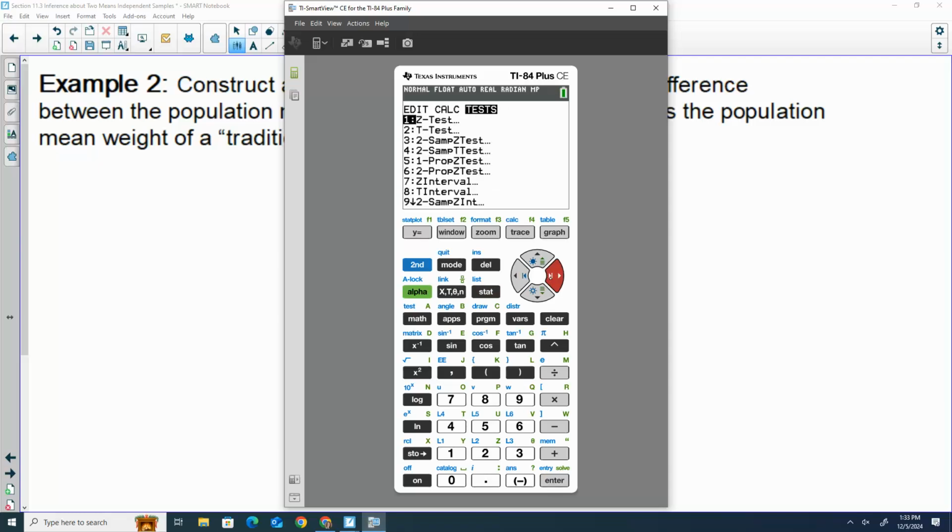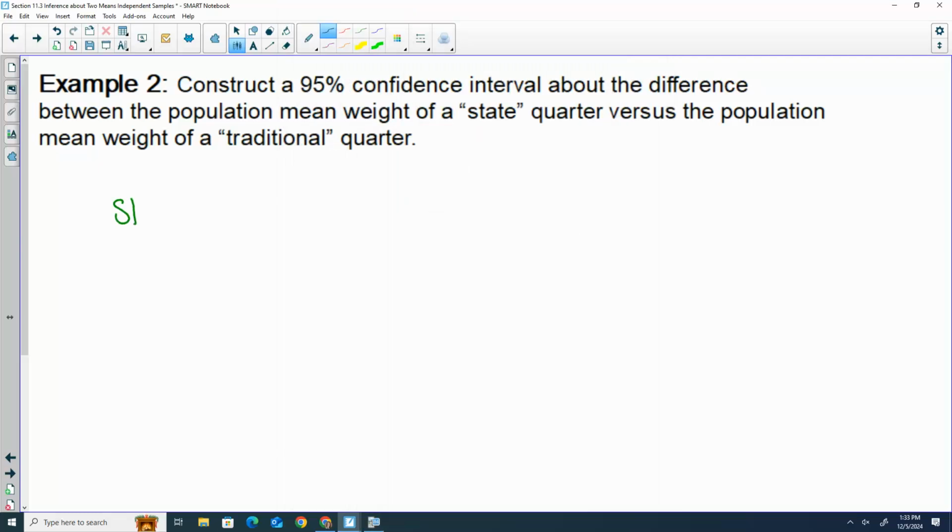We're used to just doing a t-interval, but we have more than one sample, so if we go down to 0, we have a 2-sample t-interval.